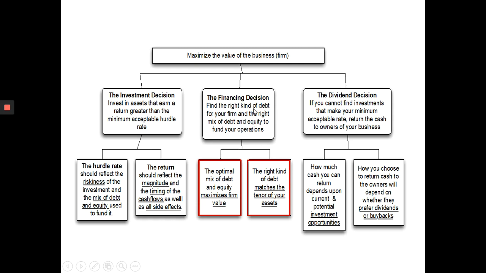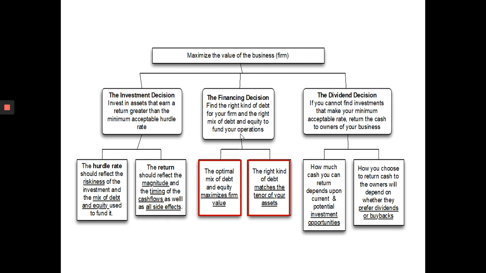So remember what we learned in financing decision. How does the company raise the funding? How do they get the money for the company to operate? If you can still remember, there are two major sources of financing, which are debt and equity.